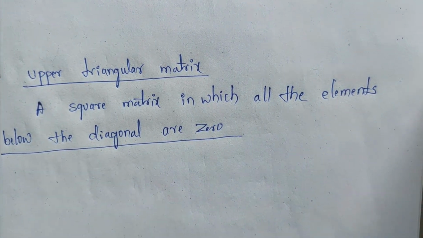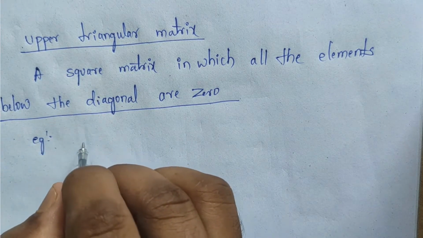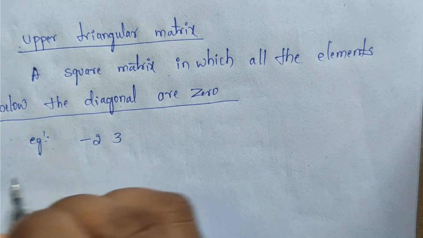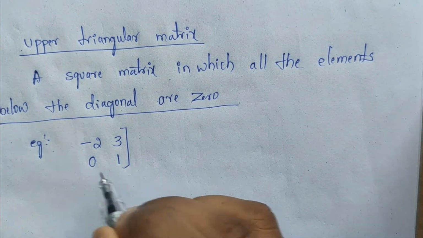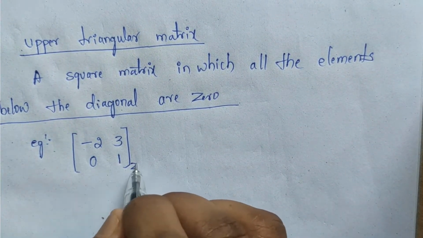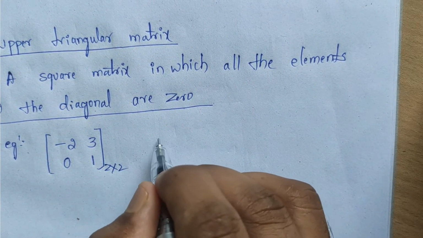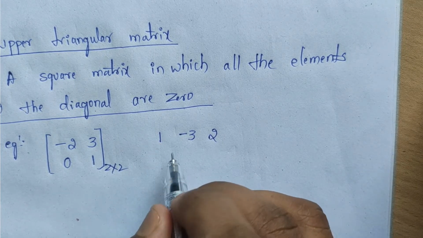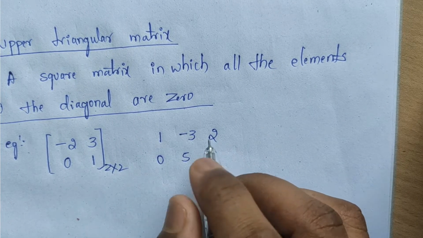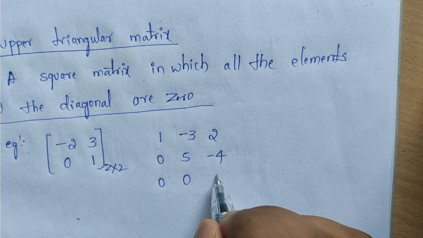Example: minus 2, 3, 0, 1, a 2 cross 2 matrix; and 3 cross 3 matrix 1 minus 3 2, 0 5 minus 4, 0 0 8.